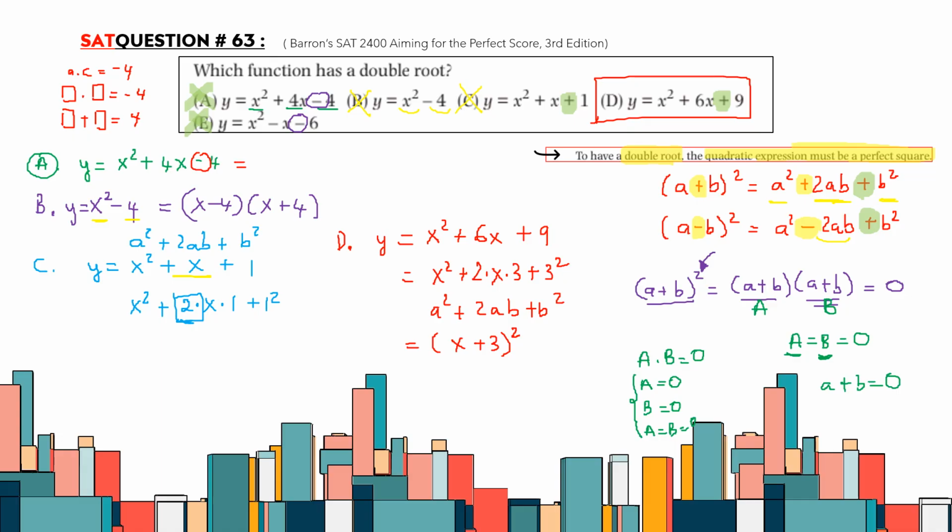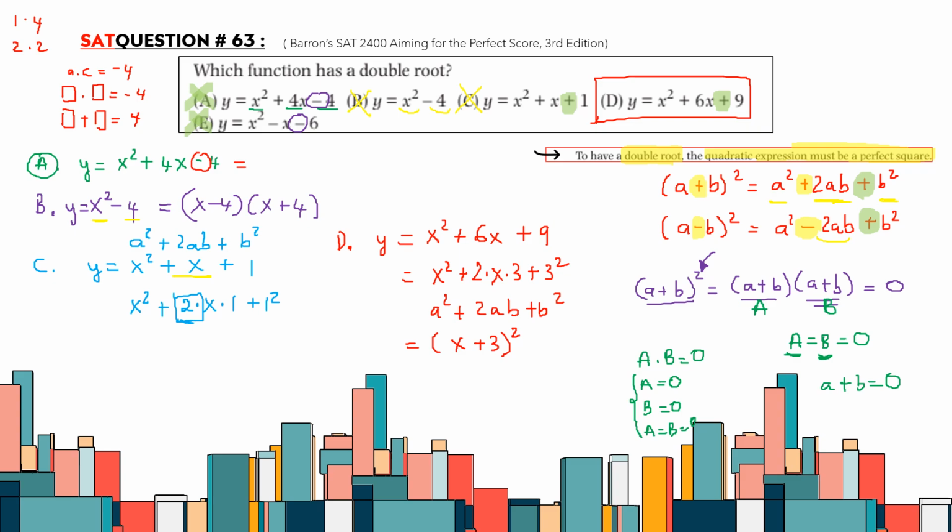Any two numbers: you only have the pair of 1 and 4, or 2 and 2. 2 times 2 is 4, but we have the negative, so one of them has to be negative.